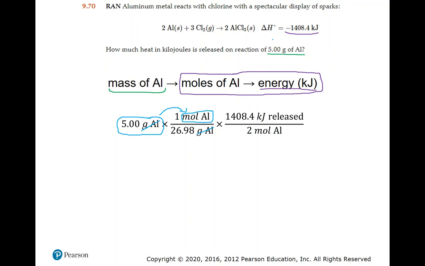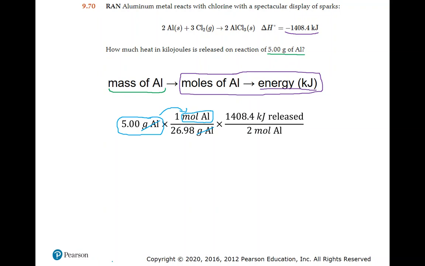Now, in the previous reaction, the vaporization of diethyl ether, we had a situation where we just had 1 mole of diethyl ether on each side of the equation. So the enthalpy change associated with that vaporization reaction was the amount of energy associated with the vaporization of 1 mole of the compound.